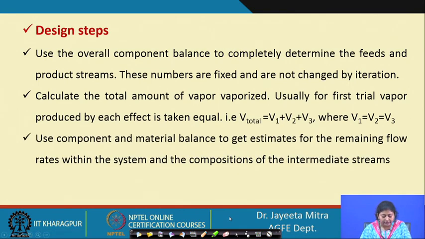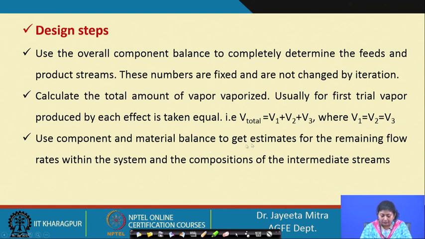Then use component and material balance to get estimates for the remaining flow rates within the system and the composition of the intermediate streams. So, what we are doing in the third step is the component and material balance.